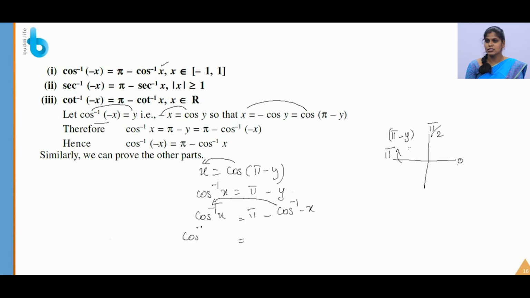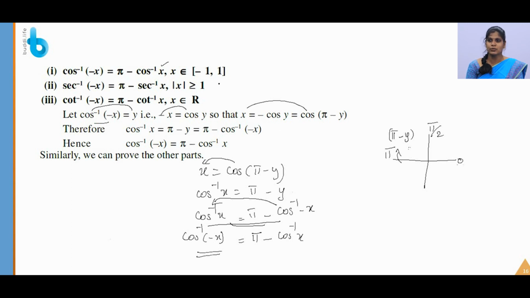Therefore, minus will become plus: cos inverse of minus x equal to pi, this term to the right hand side, pi minus cos inverse of x. That is simply rearranging the terms. So, hence we got this property: cos inverse of minus x equal to pi minus cos inverse of x, where x belongs to the interval minus 1 comma 1.